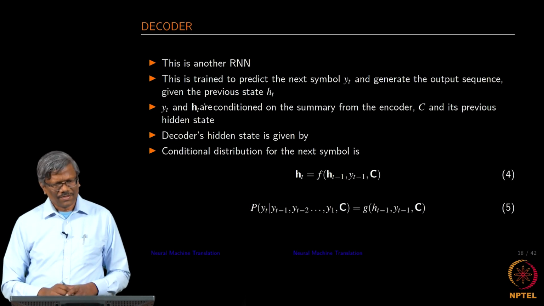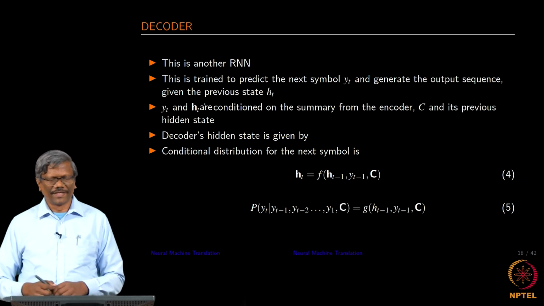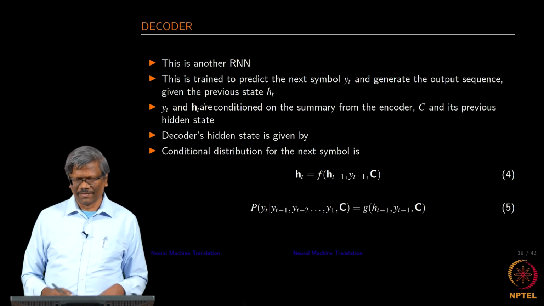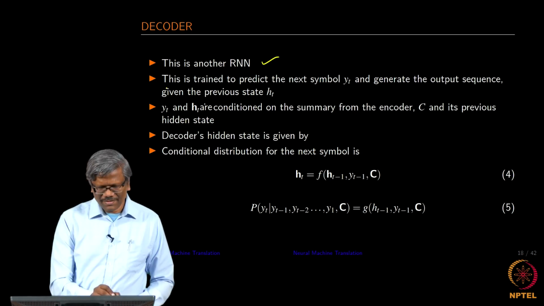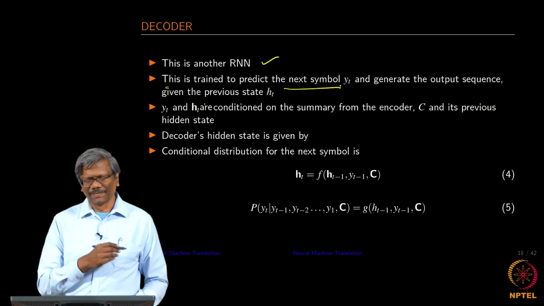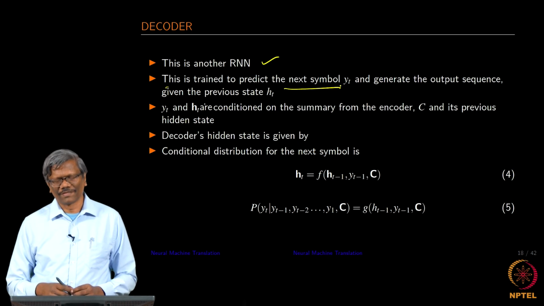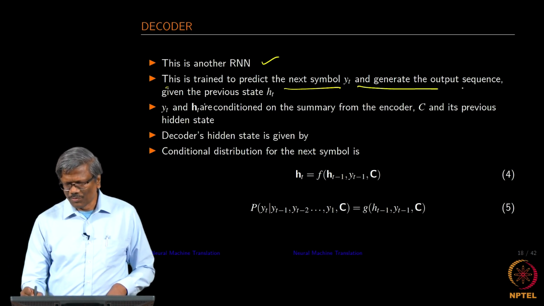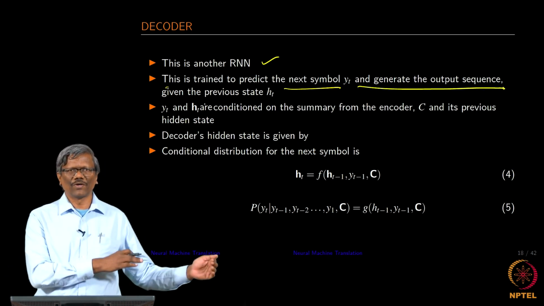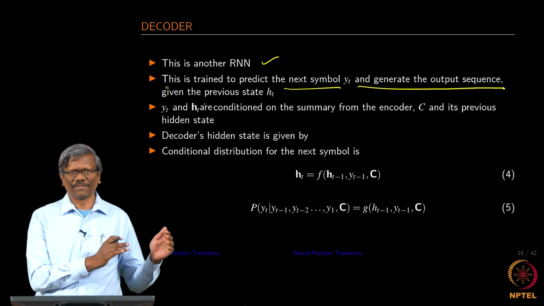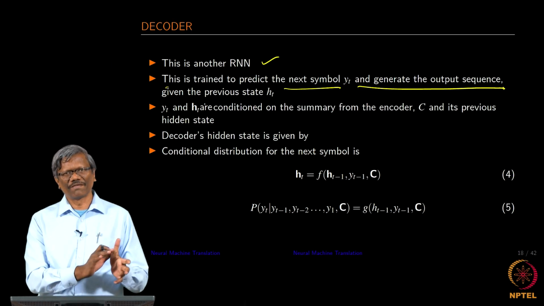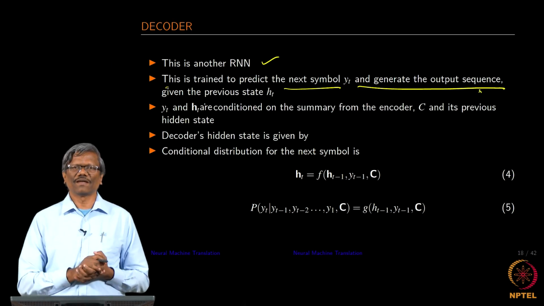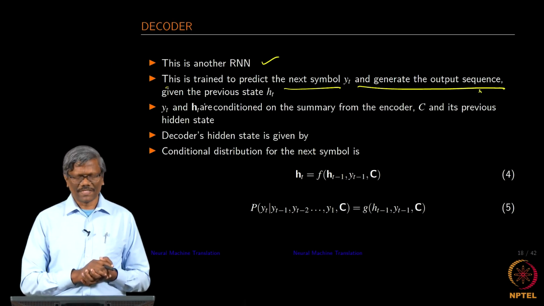All right. So, when going to the decoder part, we saw in that box, right. This is another RNN. This is trying to predict the next symbol as in the encoder as well, and it generates an output sequence. So, in the encoder part, we generate a context vector or a summary vector, whereas in the decoder we are generating an output sequence.